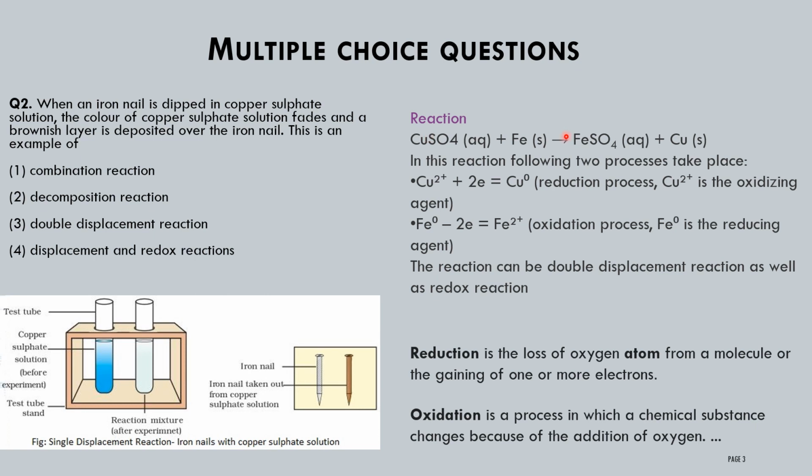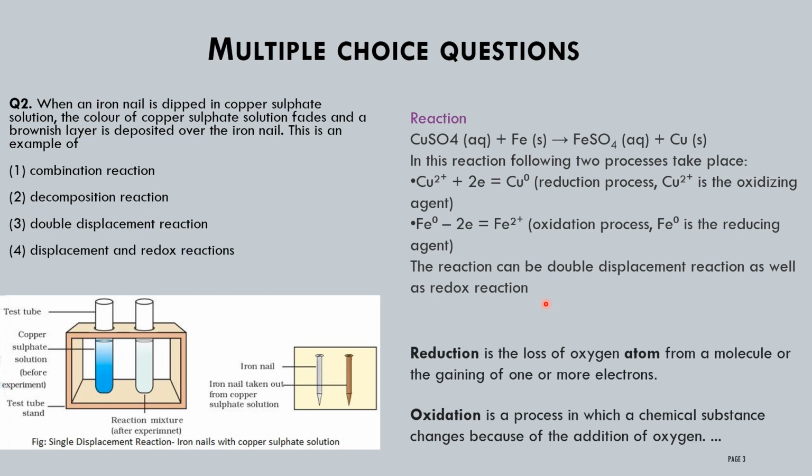This type of reaction we call a redox reaction. What is meant by a redox reaction? If a single reaction involves both oxidation and reduction, that type of reaction we call a redox reaction. Therefore, this reaction is an example of both double displacement and redox reaction.